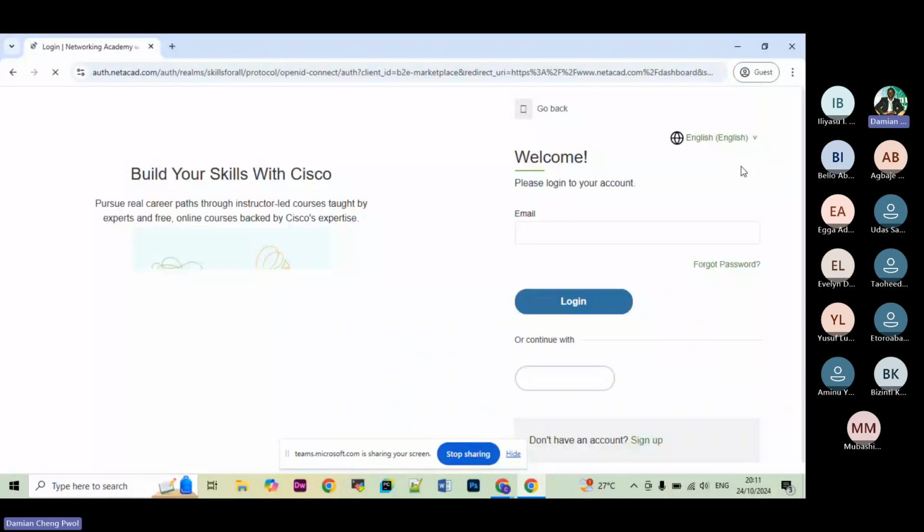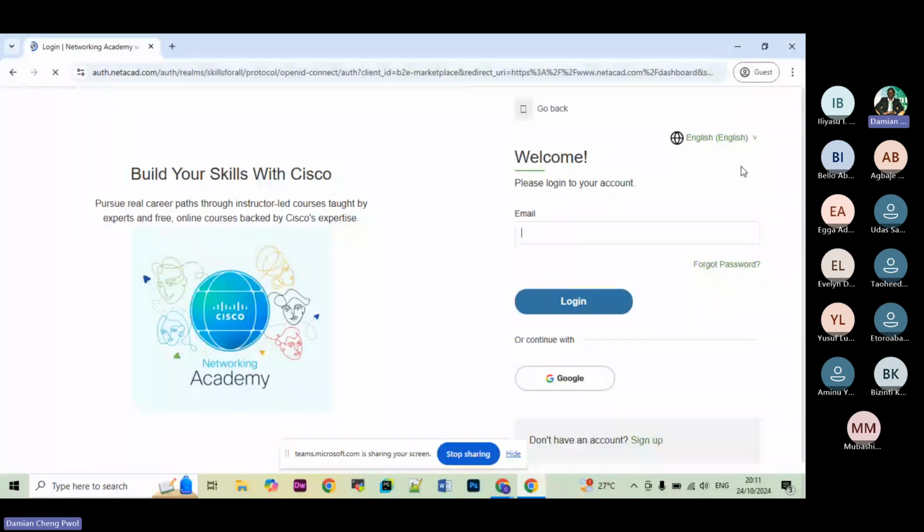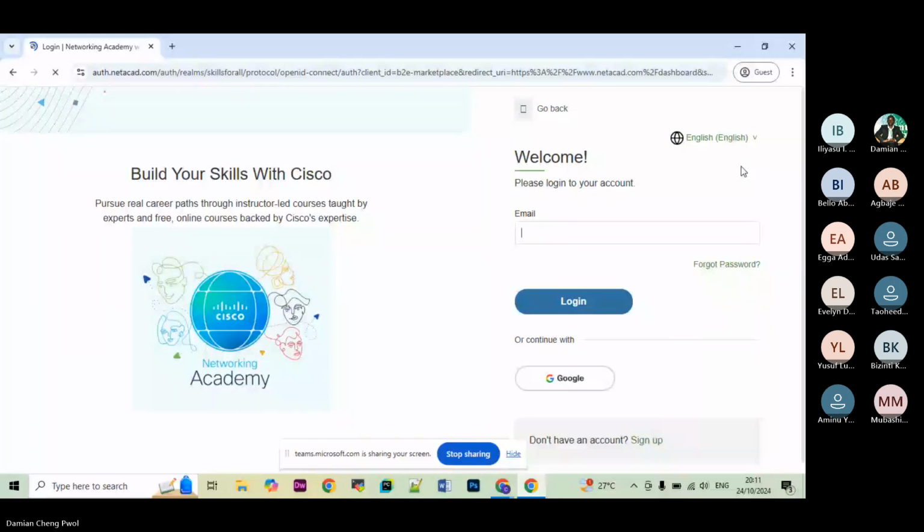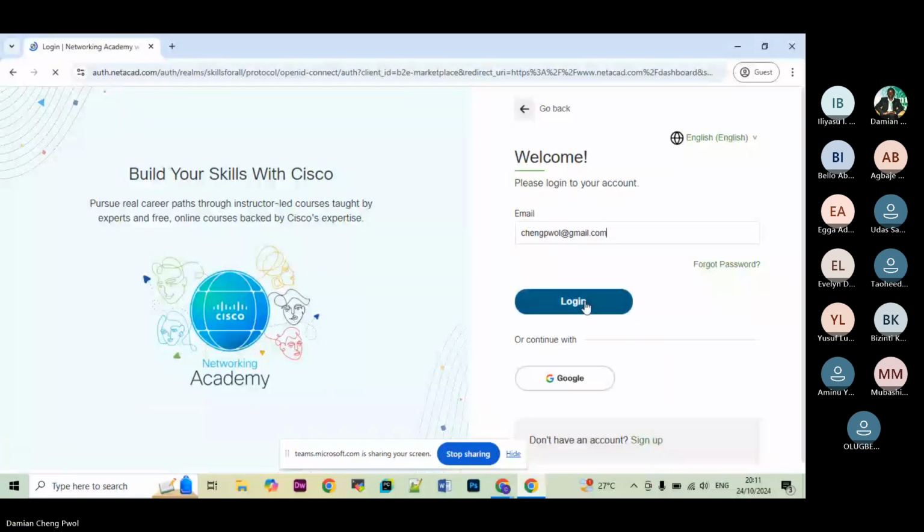It redirects you to a page where you have a form. That form, you need to enter your email, the email you've registered with us. So in my own case, I created a different account. So I'm going to use that, which is chenpaul@gmail.com. And click the login.